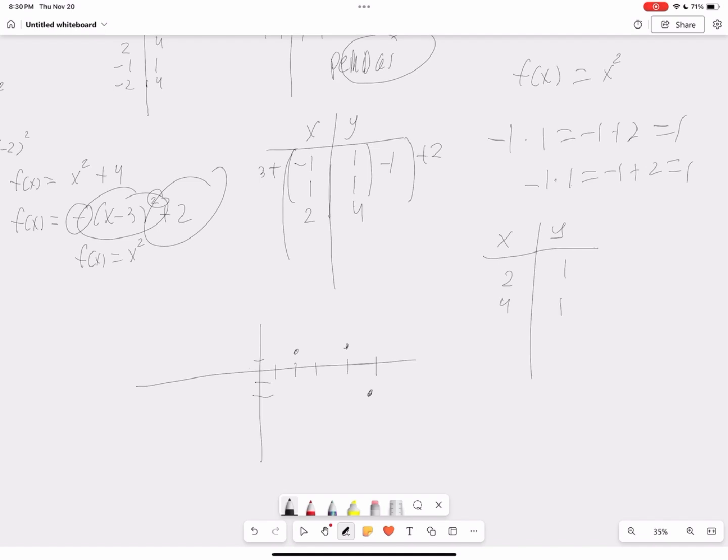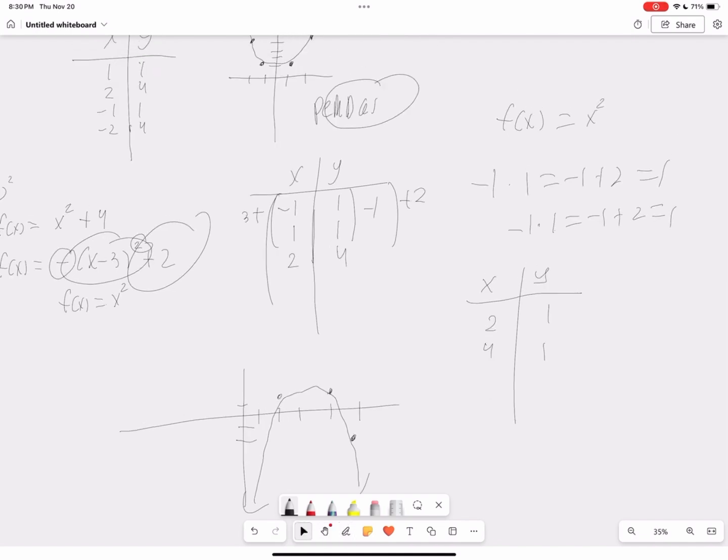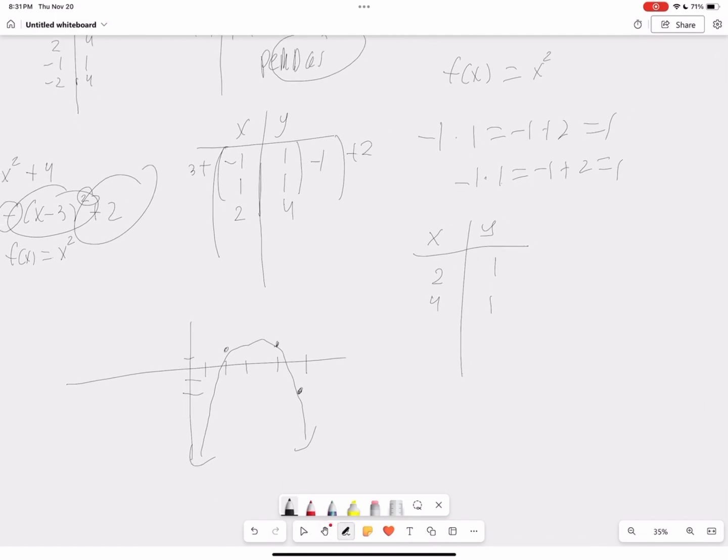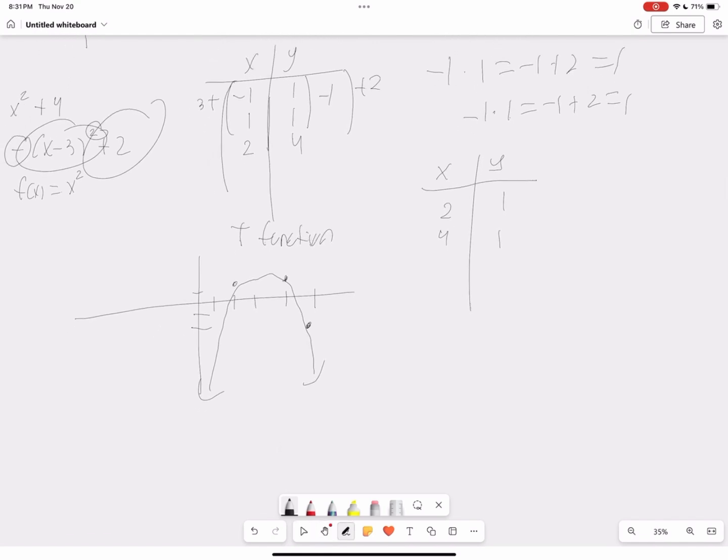So right away I could tell that the graph looks something like this. The reason why it flips is a whole different thing. But anyway, this is the transformed function, and this is the parent function.